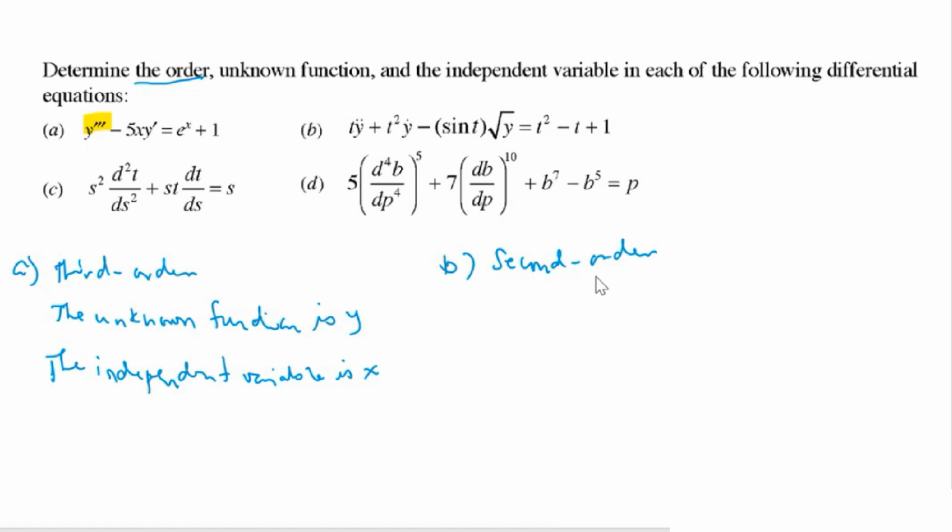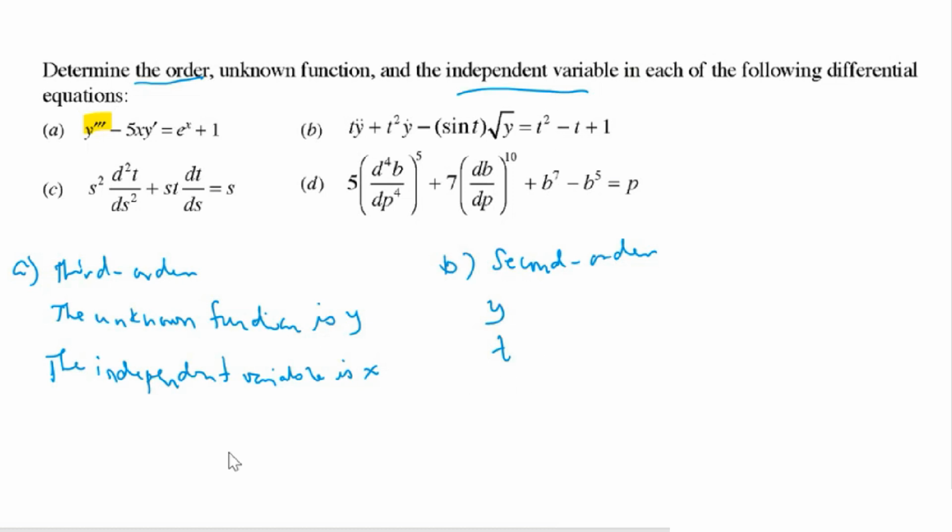The unknown function is y, and the independent variable is t. Again, the first line is for the order, and the second line is for the unknown function and the independent variable.